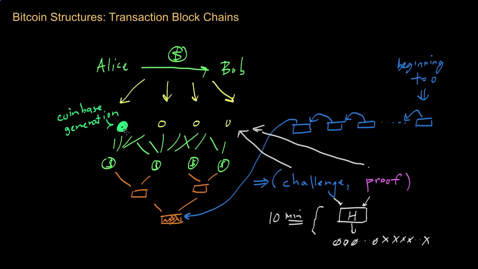Now, I also want to point out that in addition to this coinbase award, the nodes who are doing the Bitcoin mining, the ones who succeed, also get to collect the transaction fees that were specified in the transaction records. So if you recall, a person issuing a transaction in Bitcoin can set aside a certain amount of money, maybe a Bitcoin or a fractional Bitcoin, for the node who succeeds in coming up with the actual proof of work, and effectively the node that succeeds in being able to add that transaction to the overall Bitcoin transaction blockchain.